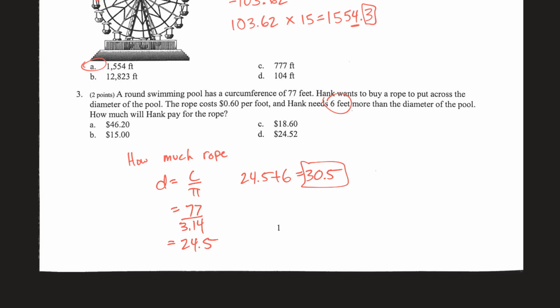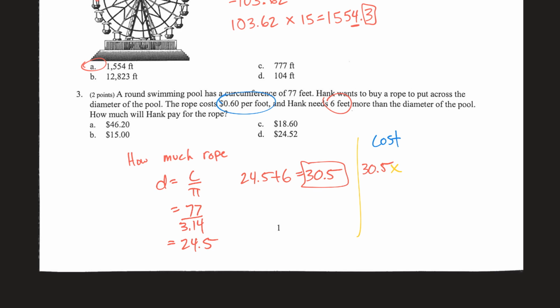Okay. Now, the cost. We're going to take our 30.5 and multiply that by the cost, which is 60 cents per foot.